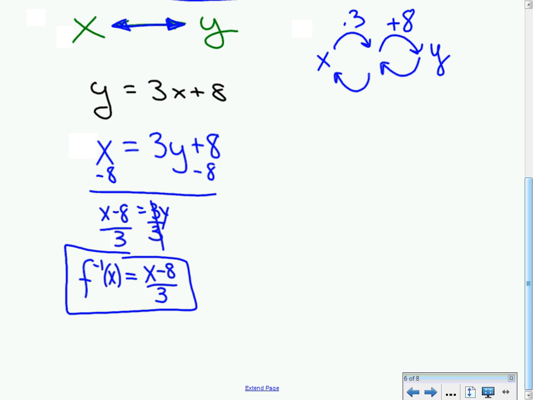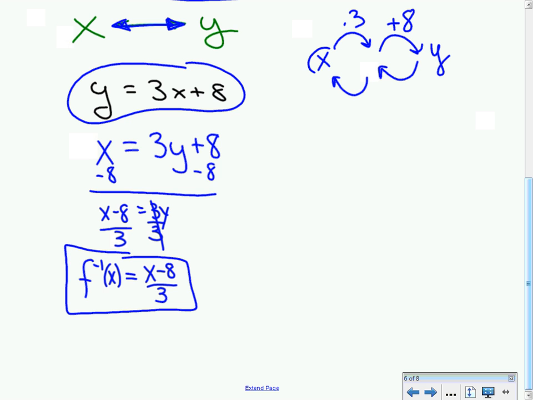That wasn't too bad. If you do get confused, there is this idea of an arrow diagram where you take your function, and it may be a multi-step, kind of more complicated function, and you write x, and then you write in each arrow what is being done to x. First step is times 3, the next step is times 8, and that will get you y.